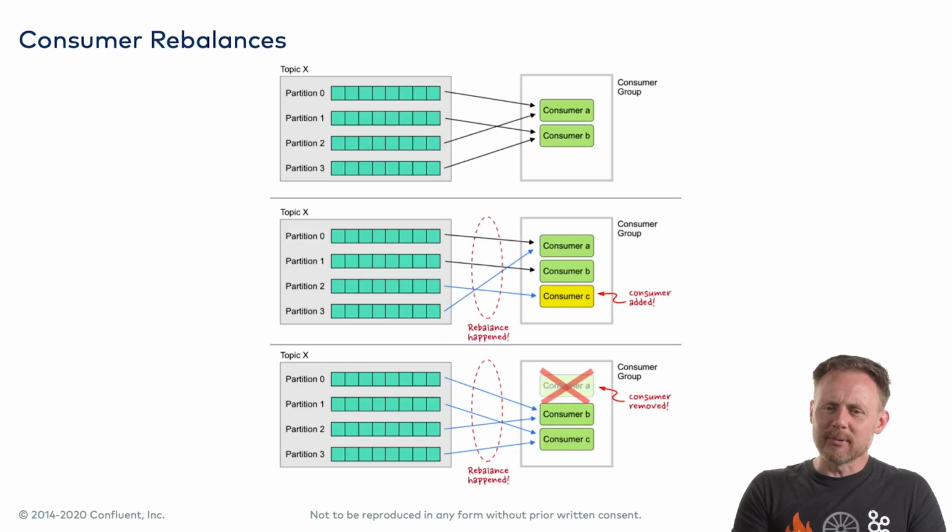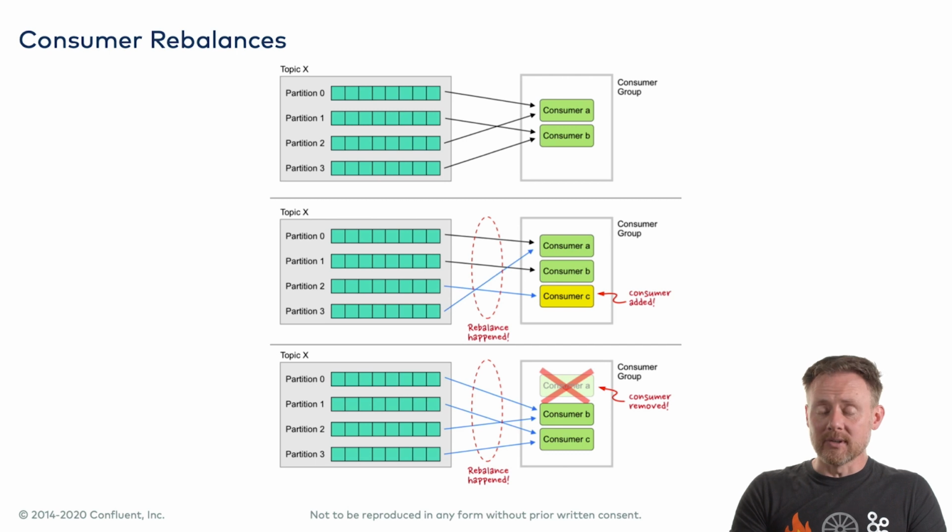Now, what happens when the composition of the group changes? To make this a little easier, let's simplify things and go to just one topic with 4 partitions. Initially at the top here, we've got a state where the consumer group has 2 instances, and so each instance gets 2 partitions. You get partition 0 and 2 on instance A, and 1 and 3 on instance B. If we add an instance, so we've scaled that consumer out elastically, just at runtime, the cluster says, oh my, I have to reassign partitions here, and it does.